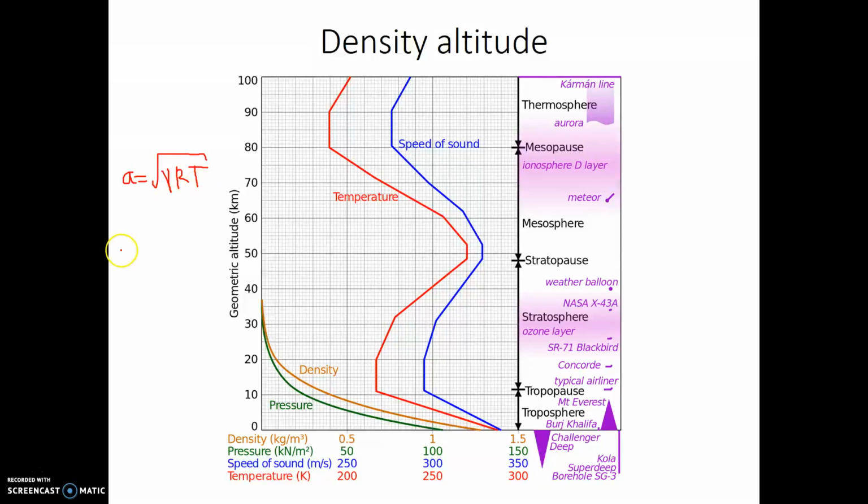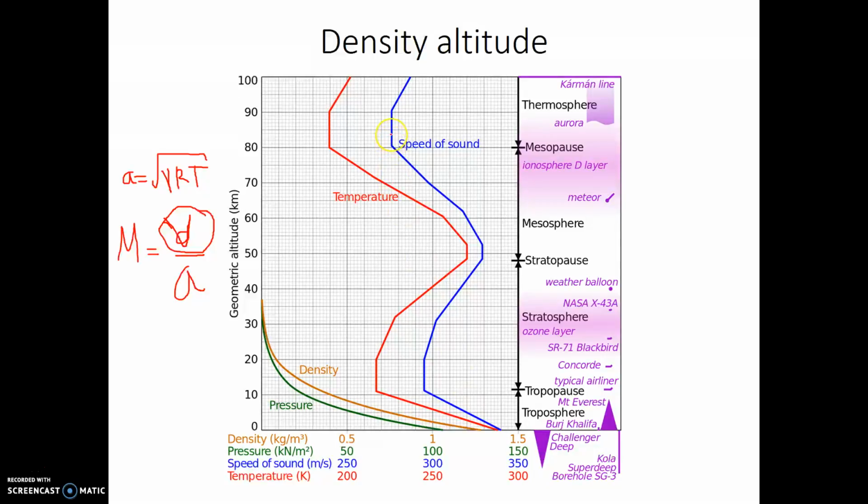Now, why is this important? It's important because the Mach number of the airplane is defined by the velocity of the airplane divided by the speed of sound, right? So what that means is that your airplane can fly at a fixed velocity along different altitudes, but the Mach numbers will be different. If your airplane is flying at around 500 miles per hour at around 5 kilometers in altitude, then your Mach number will be around 0.7 or 0.8.